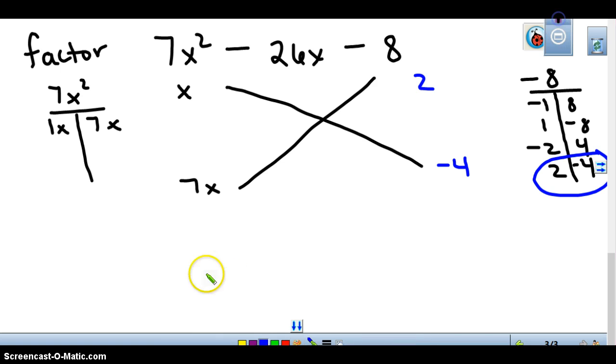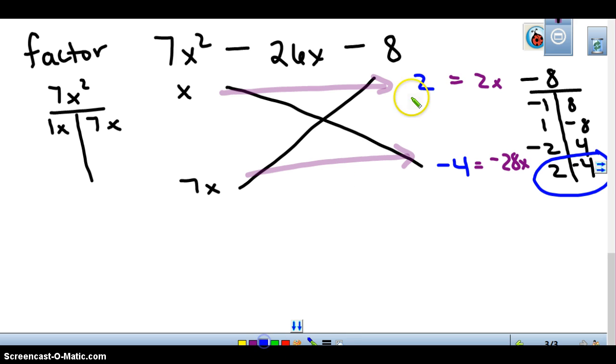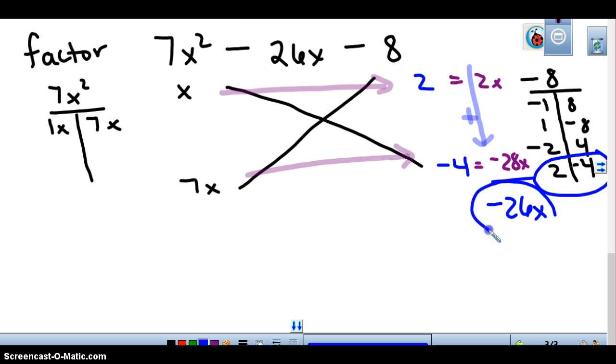If we test this, x times 2 is 2x. 7x times negative 4 is negative 28x. And if I add these, I get negative 26x. Does this equal b?